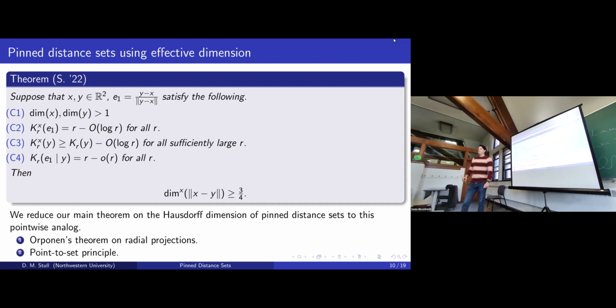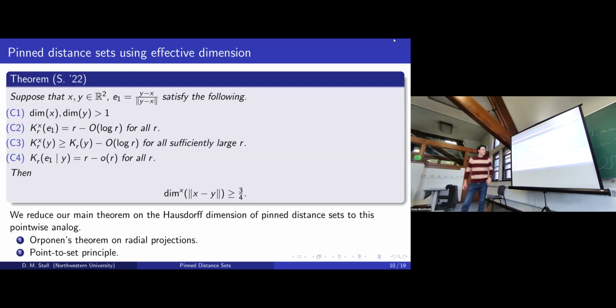Can you explain the difference between C2 and C4? Yeah, a technical condition. I could get away with doing this at C2, but I have to restrict to a conditional here because I don't have enough control over y. I had enough control over x to require this, but not for y.